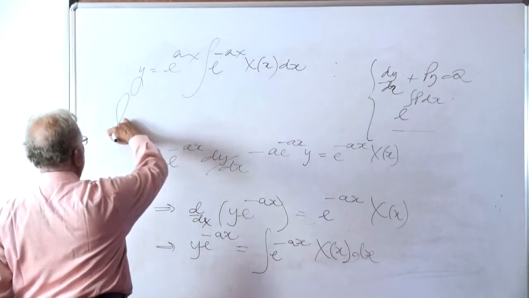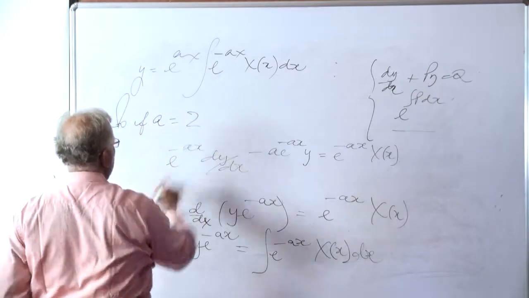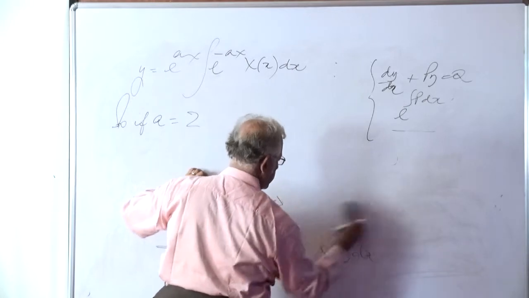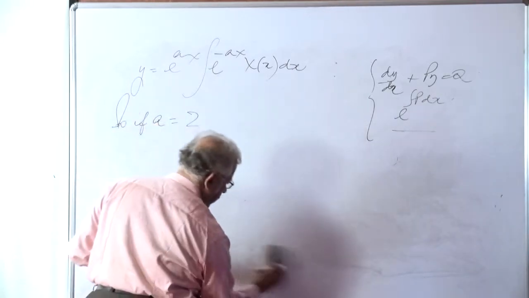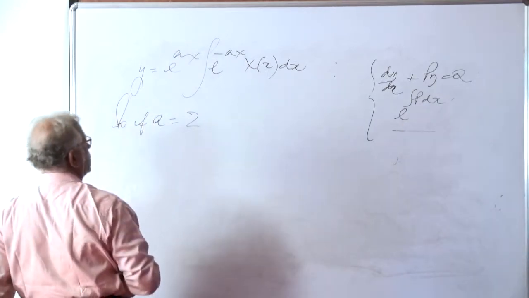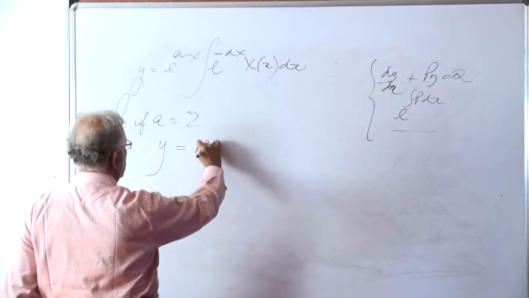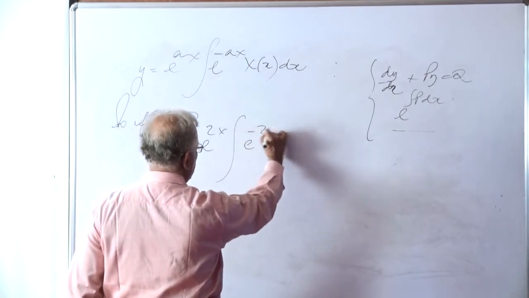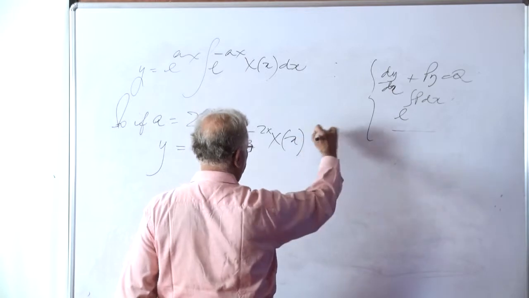So if a were to be 2, just a typical value, you can take 1, 2, 3, anything, then y would be e to the power of 2x integral e to the power of minus 2x X of x.